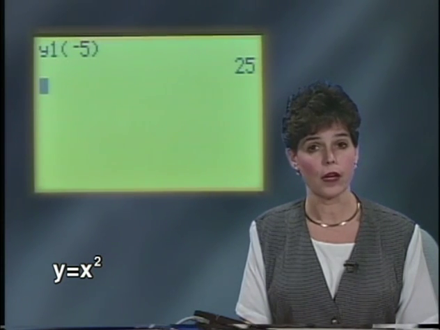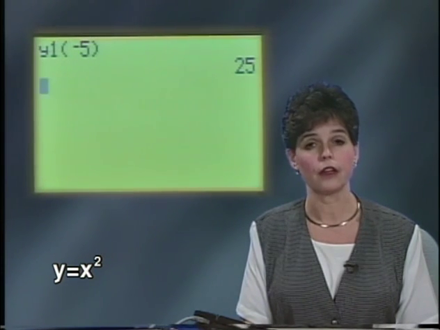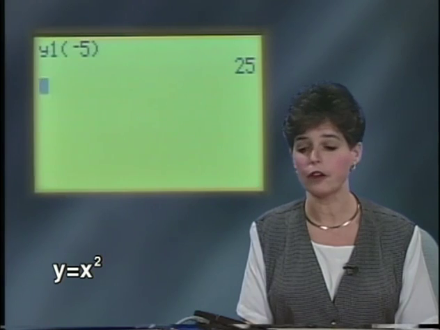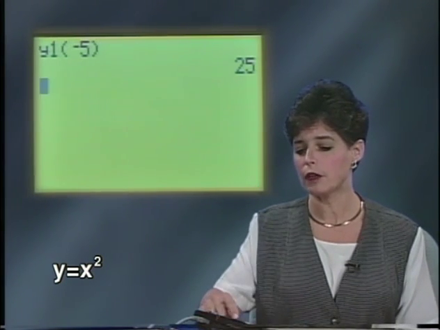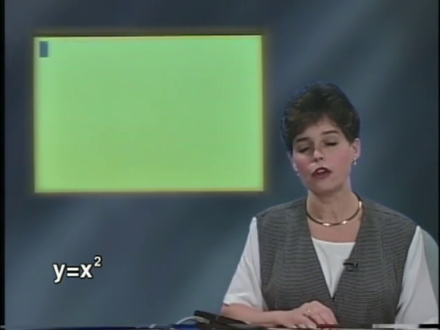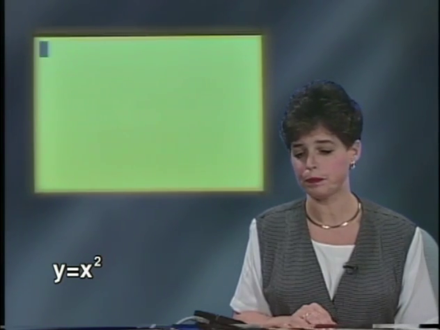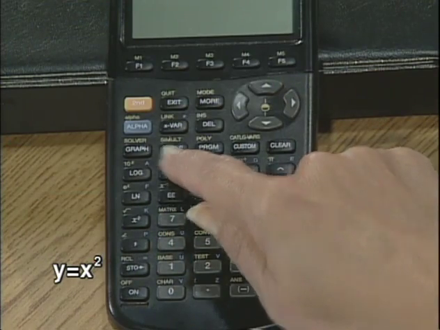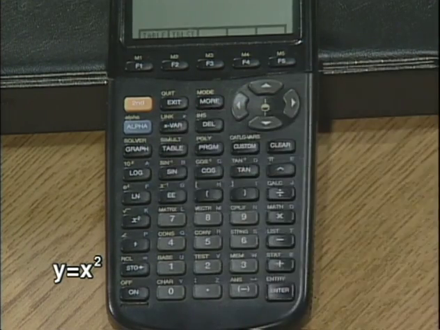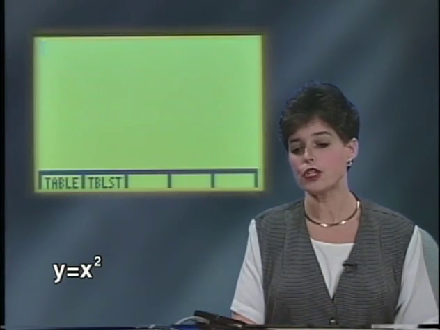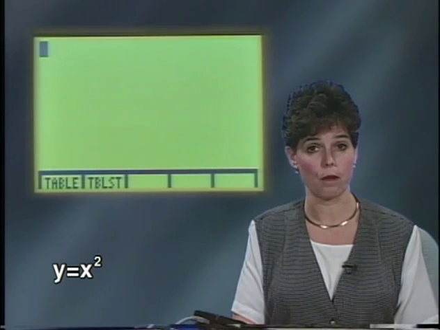Now, a third way that you can evaluate a function is with the use of the table on your calculator. Let's clear this screen, and you'll notice that there is a special key that is labeled table right here. Let's press table at this time. You'll notice that you have 2 keys to choose from.